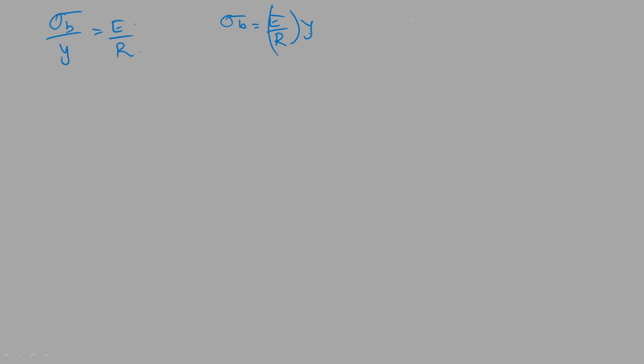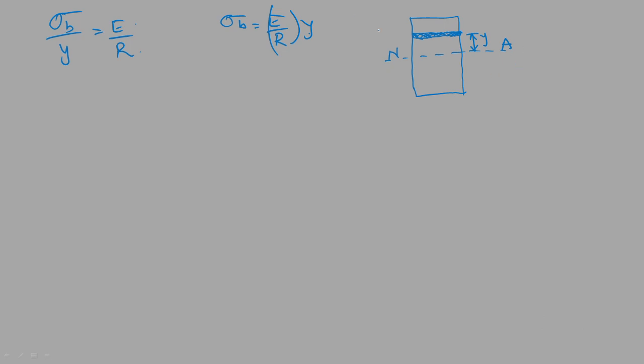Now let us take an example here, a symmetrical section. I'll take a rectangular section here. This is the neutral axis. Suppose I want to find out the bending stress at this location. This distance is y.